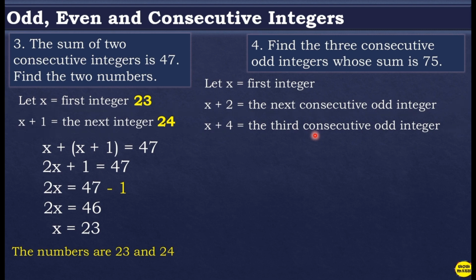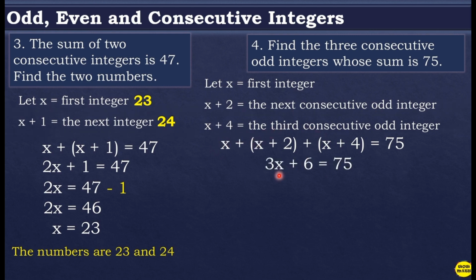That is why the third consecutive odd integer is x plus 4. Now, the statement says that if we add the three consecutive odd integers, that would be equal to 75. So we have x plus x plus 2 plus x plus 4 is equal to 75.